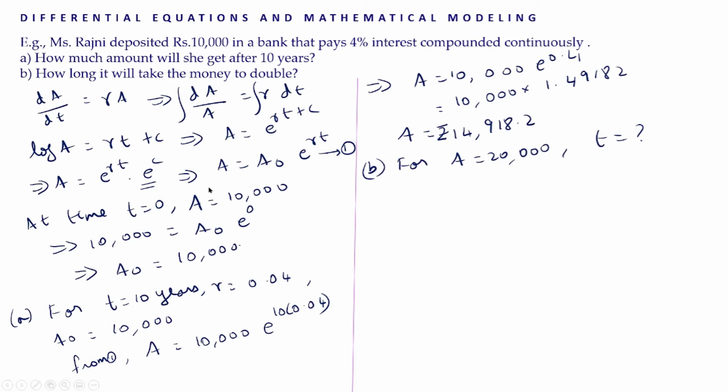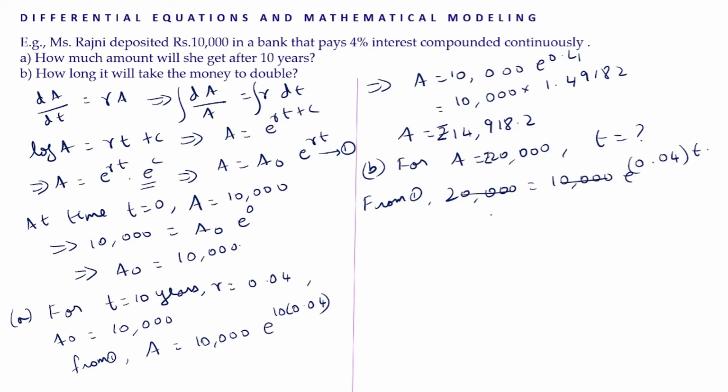Again we use the same formula from 1. 20,000 rupees equal to 10,000 into e raised to 0.04 into t. Now this t we have to find.